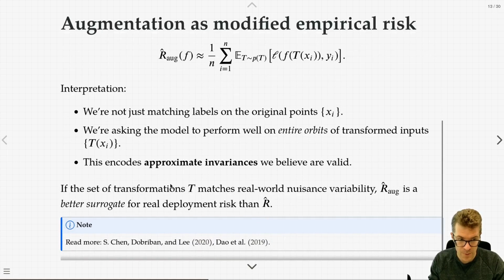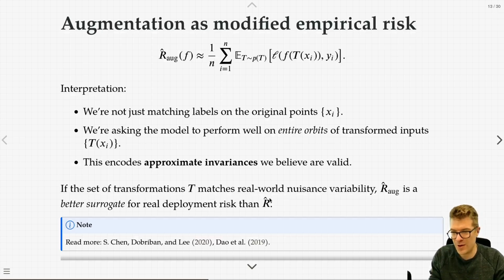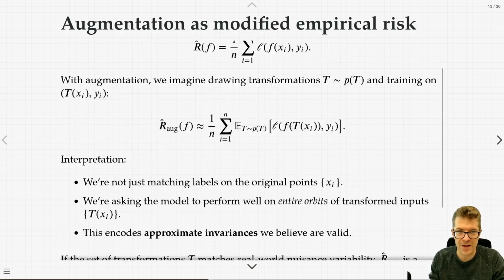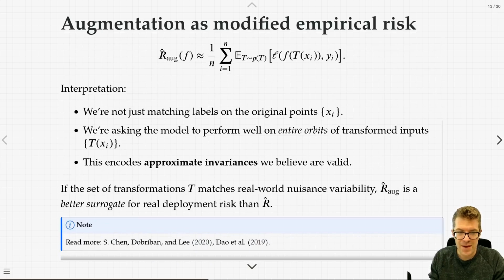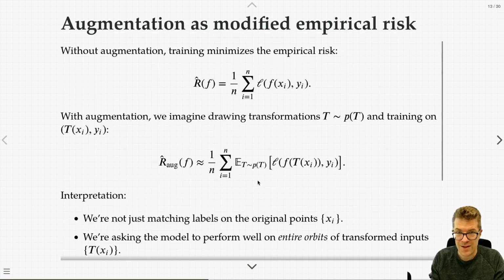If the set of transformations matches real-world variability, like the real-world noise we talked about in the bias-variance trade-off slides, this is a better surrogate for real deployment risk than the original empirical risk, because it encodes the idea of inherent flexibility or variance in observations, if that makes sense.